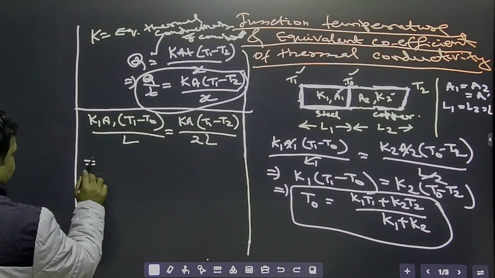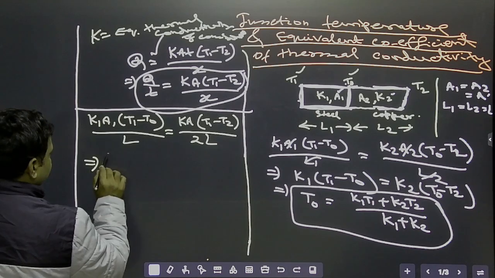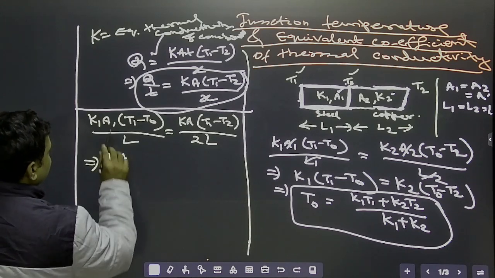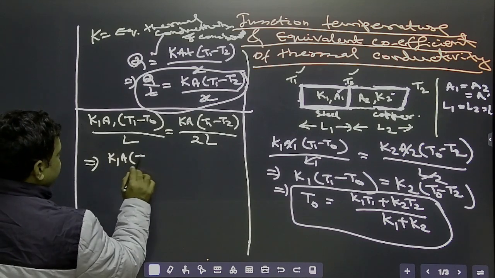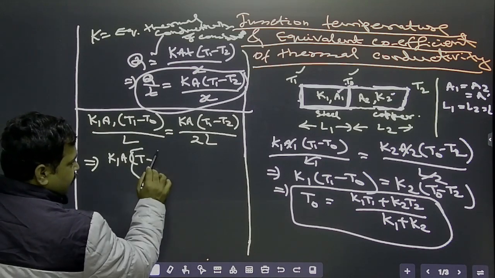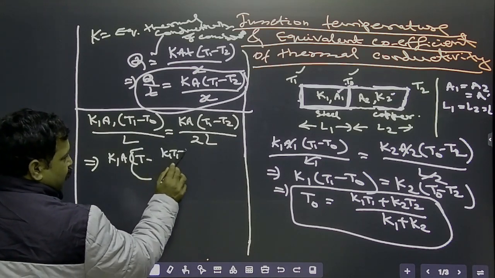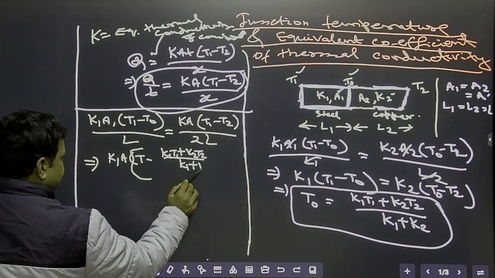So here, by putting the value of T0 as we found out, with A1 being A, this will be equal to (T1 minus T0), where the T0 value we put as (K1 T1 plus K2 T2) upon (K1 plus K2).